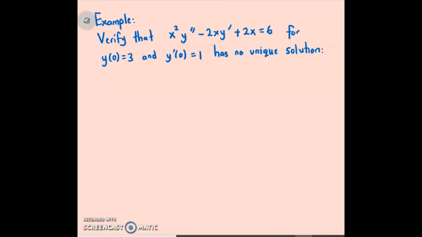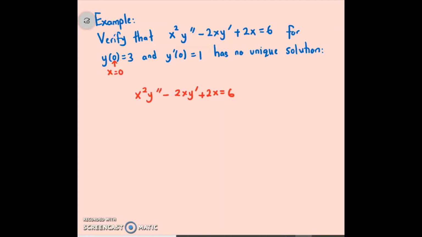Okay, how can we say that the solution is not unique? So let's look at the second derivative here. Minus 2xy prime plus 2y equals 6. This is my second derivative here. When x given here, this is my x, x is 0.